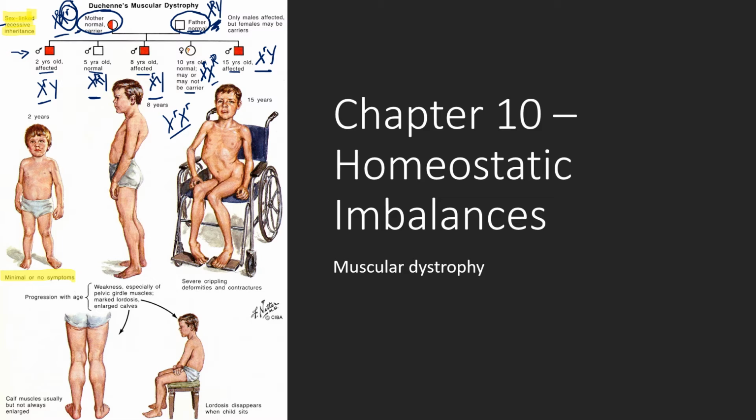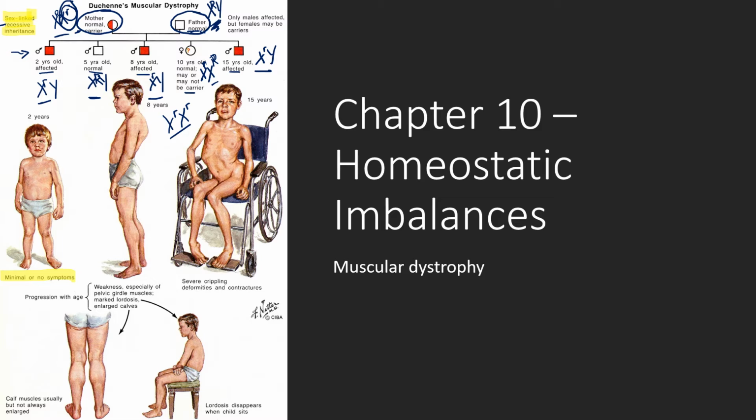And usually the symptoms appear between the ages of 2 and 5. This is usually when the parents notice that the child falls often. They have difficulty using their muscles, so difficulty running or jumping, difficulty playing. Their muscles just don't work like other normal kids.